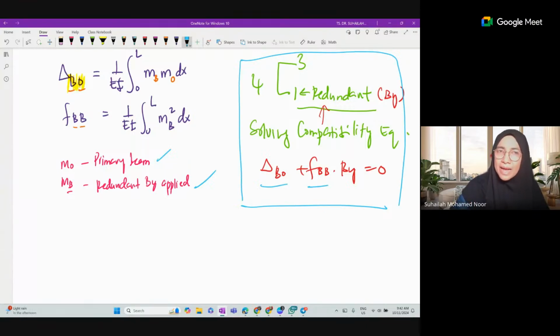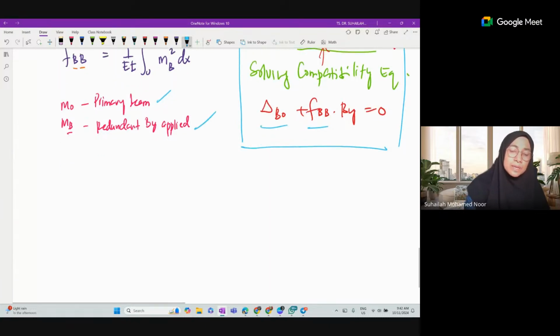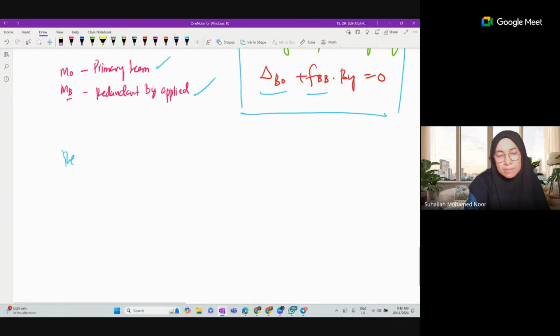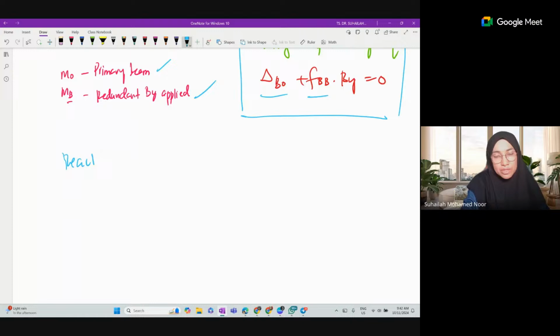Only after we can calculate displacement can we get the reactions in the indeterminate beam. So we have to determine displacement, and to have the displacement, we have to start with reaction. After reaction, we write the moment equation, which is to be used in the displacement formula.